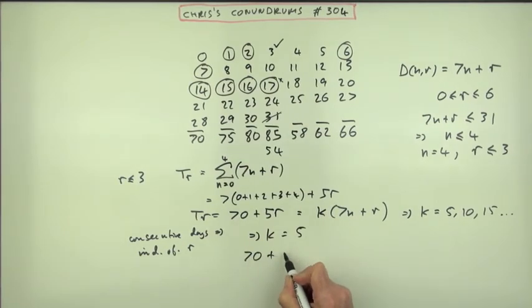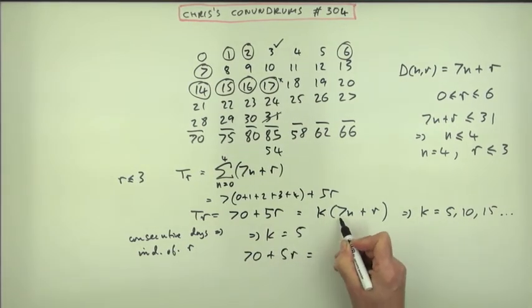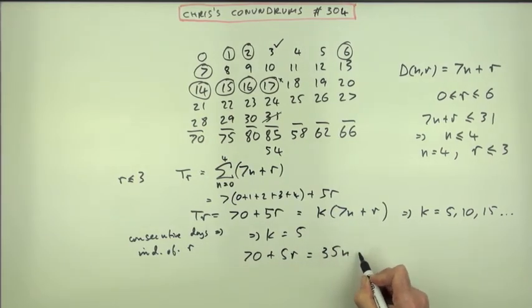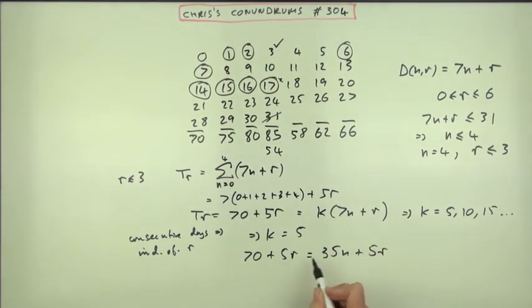I've got 70 plus 5r equals, and if k is 5, I've got 35n plus 5r, independent of r, and that applies when n equals 2. So this says the days when n is 2, and for r less than or equal to 3, are consecutive.